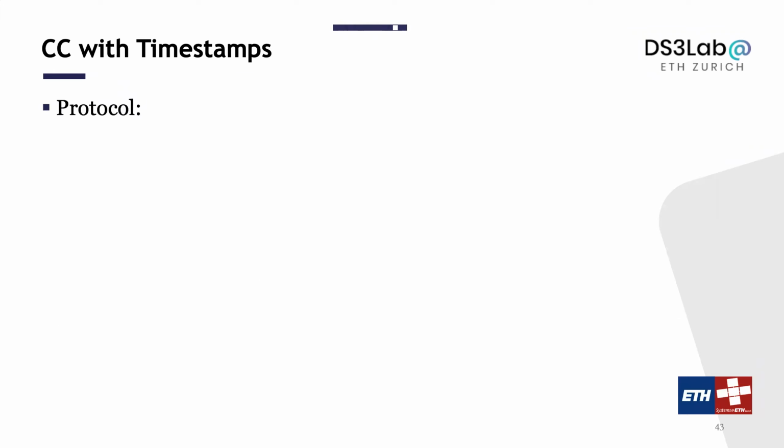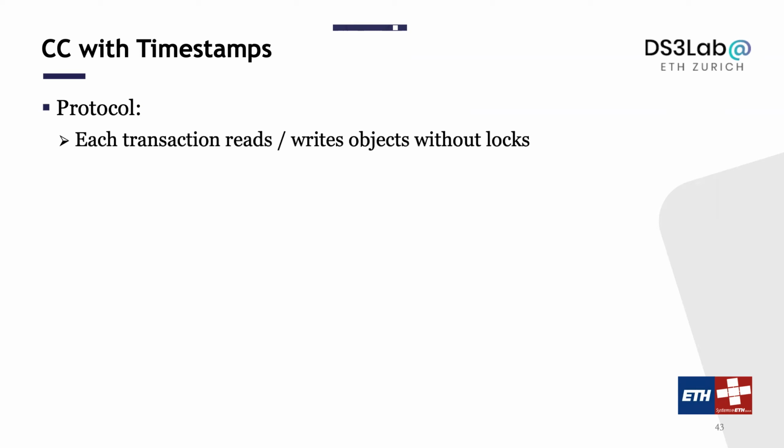So here's the protocol. We now know every single transaction has a timestamp. We know the high-level idea: we want to enforce a serial schedule that's consistent with the timestamps. For each database object, I have a read time and a write time.